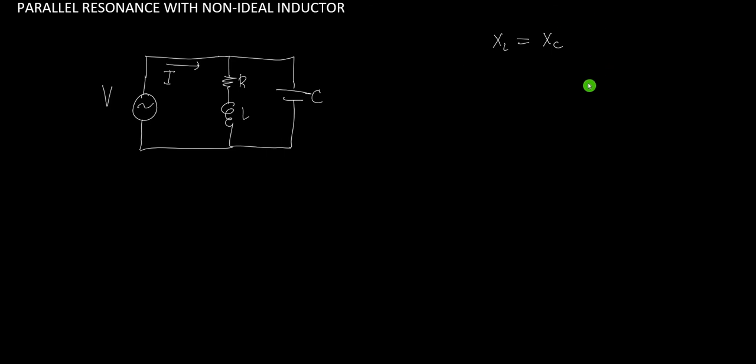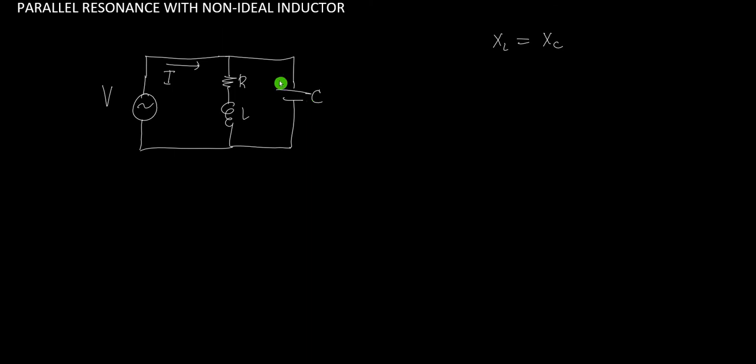Why? Because the real definition of resonance is when the net reactive power of the circuit becomes zero. When it becomes zero, the power delivered to the circuit will be just pure real power. There are no other components or reactive power, so the net reactive power is equal to zero.